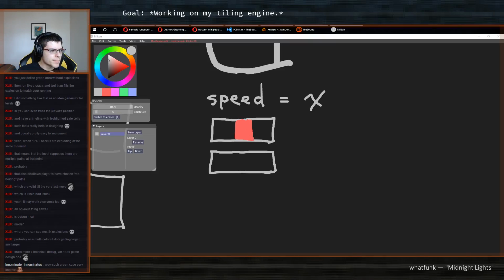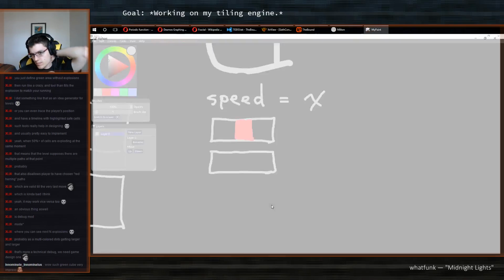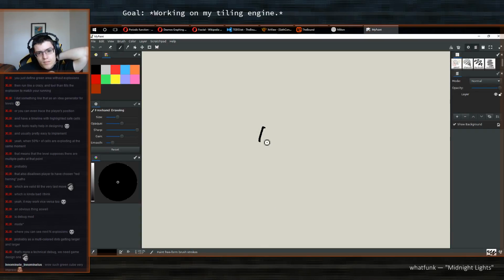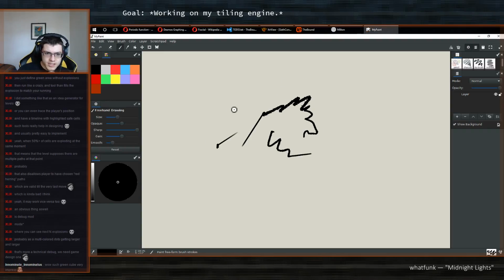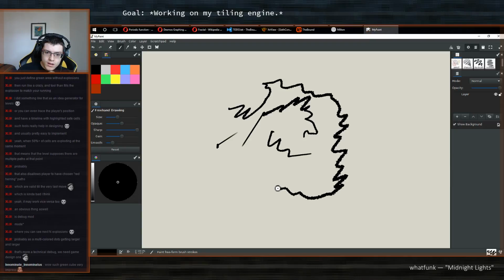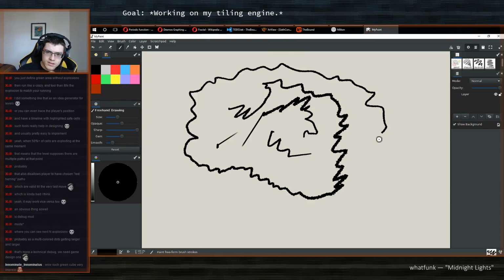If I open my paint, yeah, the pressure is working right there. Oops, but it's glitchy. So it's just the built-in that's glitching.